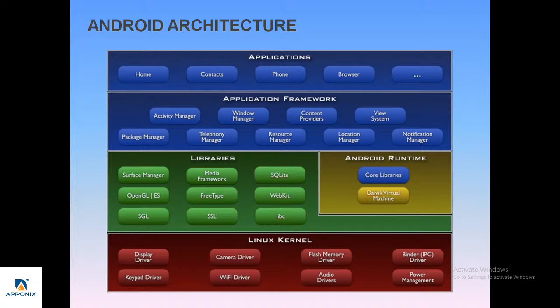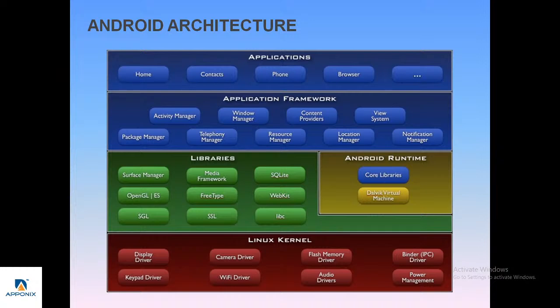Okay, so the Linux kernel. In this architecture we can see mainly 4 layers and 5 sections. At the bottom we can see the red colored layer. This one is the Linux kernel layer, and this Linux kernel has only the drivers.